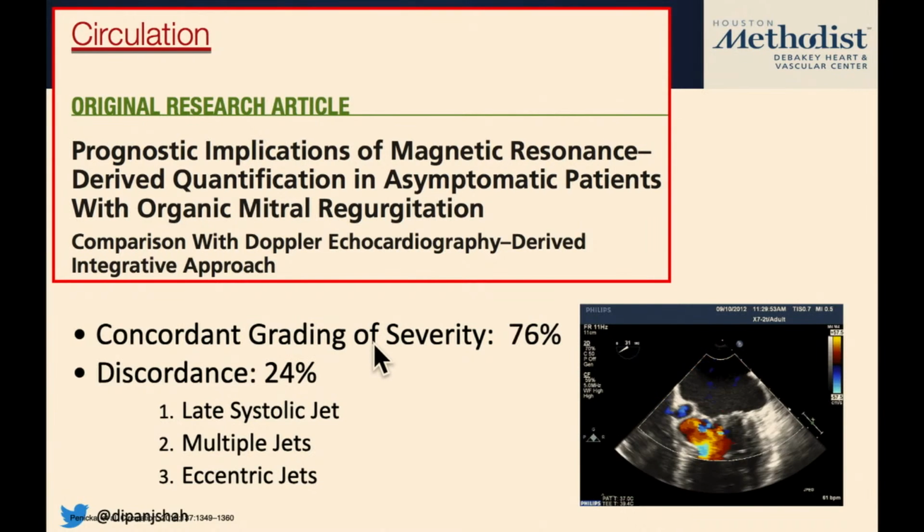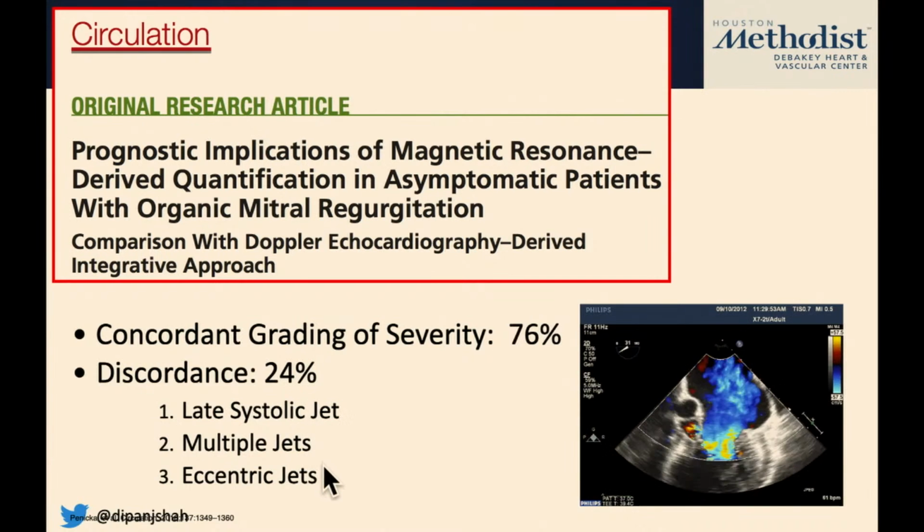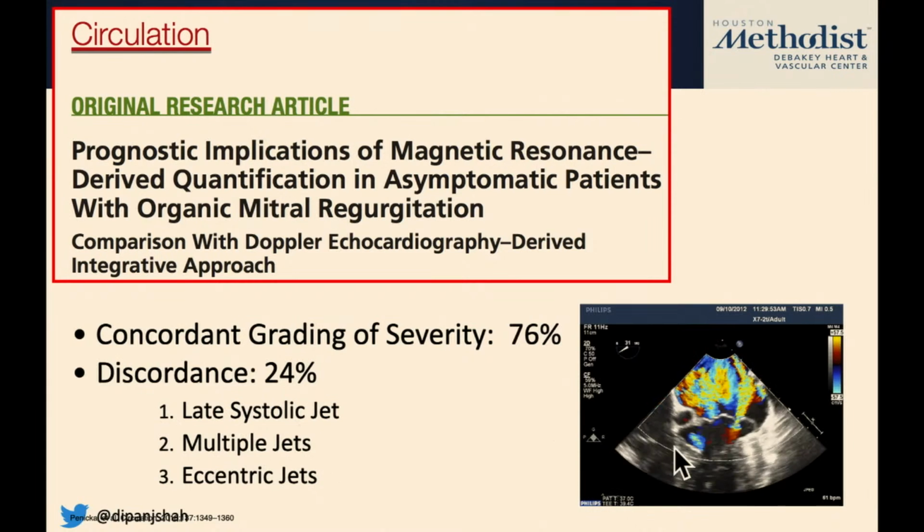What they found was that about a quarter of the patients had a discordance in assessment of severity between CMR and a transthoracic coupled with a transesophageal echo strategy. These are the three scenarios where most of the discordances happened. One was when there was a late systolic jet, again in those patients with Barlow's disease, where the severity of the mitral regurgitation changes throughout the cardiac cycle.